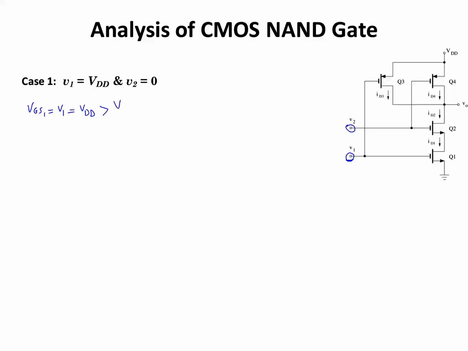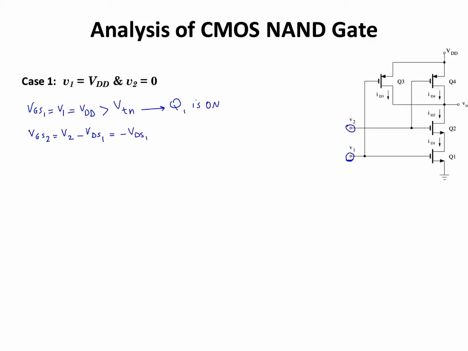This is greater than the threshold voltage for the NMOS transistor, so Q1 is on. How about the next one? The gate-to-source voltage for transistor 2 equals V2 minus VDS1, and V2 is equal to 0, so VGS2 is equal to minus VDS1.